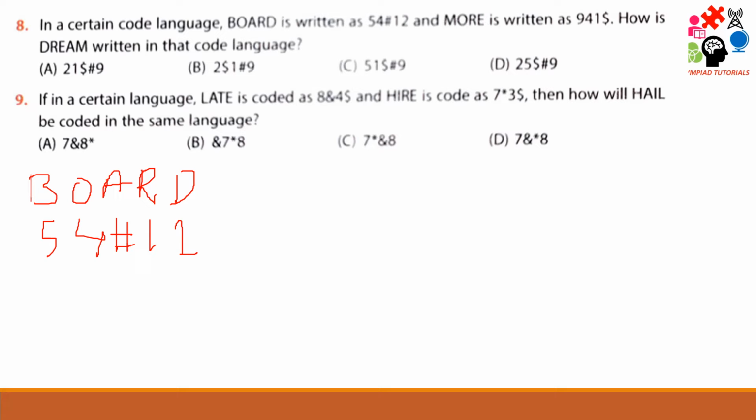And what is the given word? MORE. O is there already, so we'll write for M. M you have 9. O is given. R is also given. And last is E. E is dollar. So the word which they have asked us is DREAM.